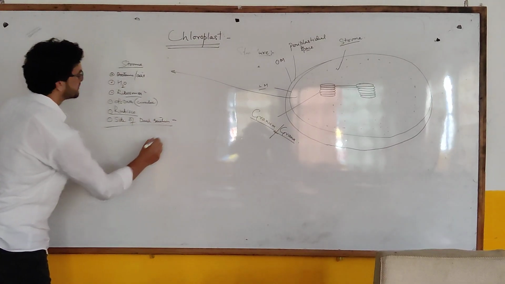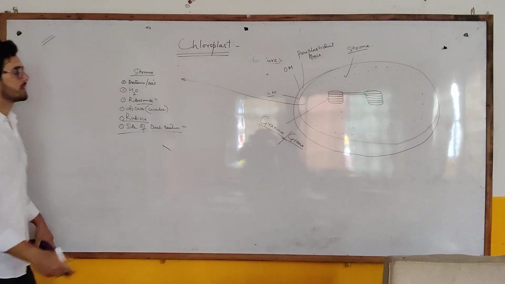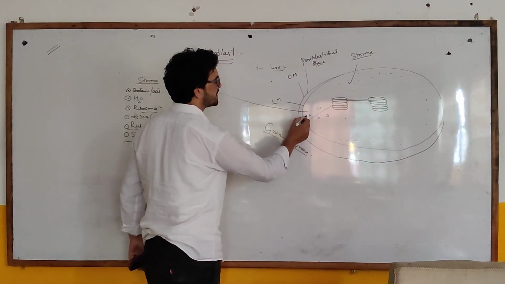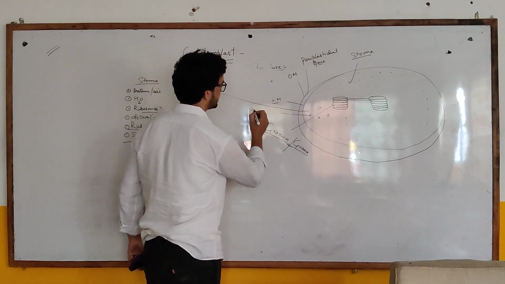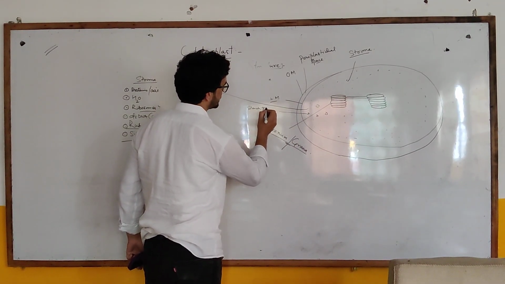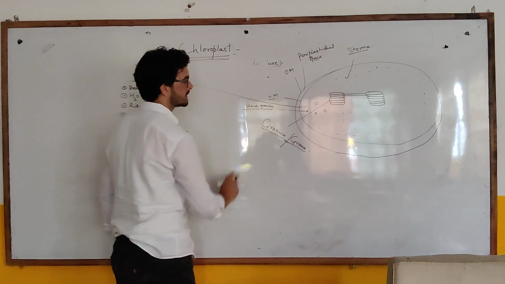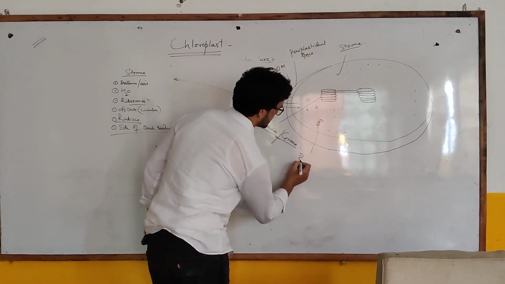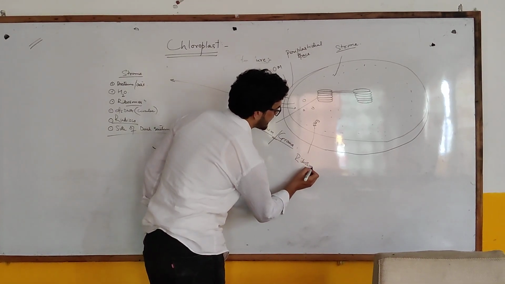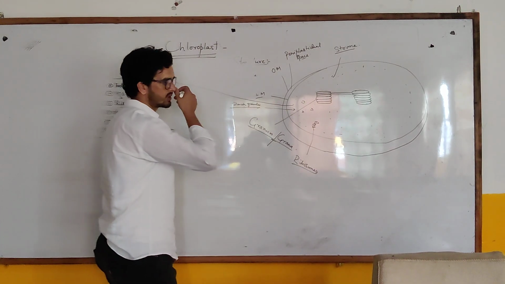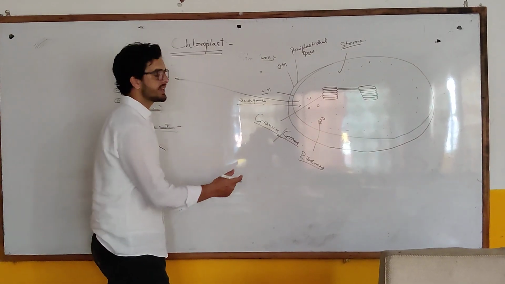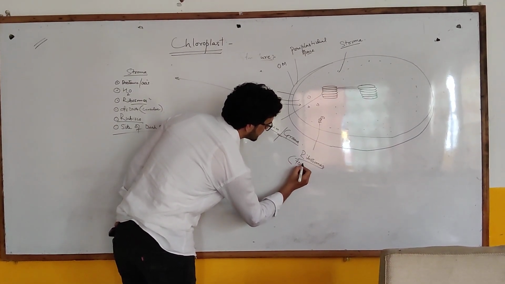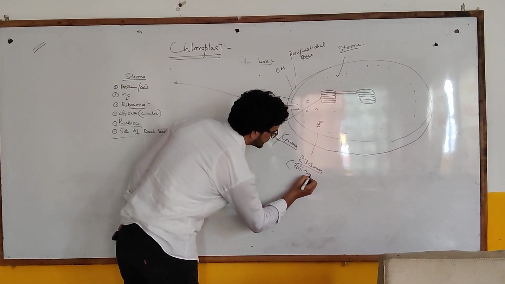Fine. Besides this, various starch granules may be present here. Starch granules, ribosomes. But the ribosomes present in this chloroplast are prokaryotic, that is 70S ribosomes.